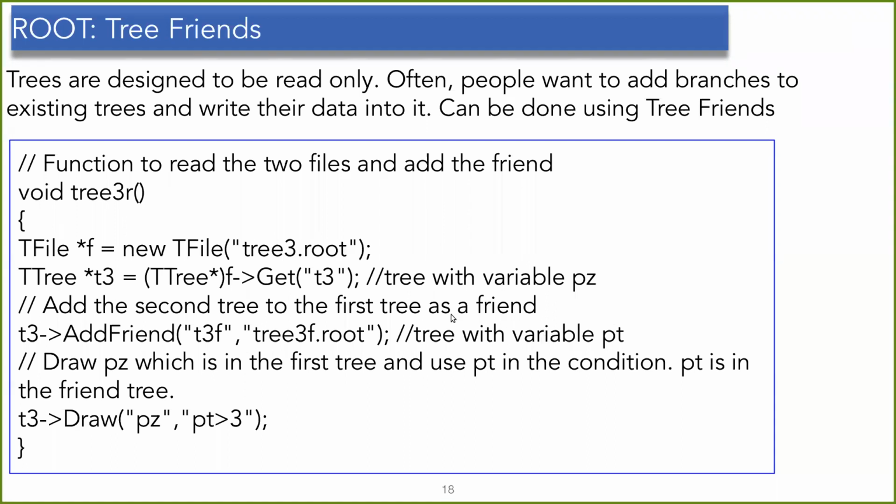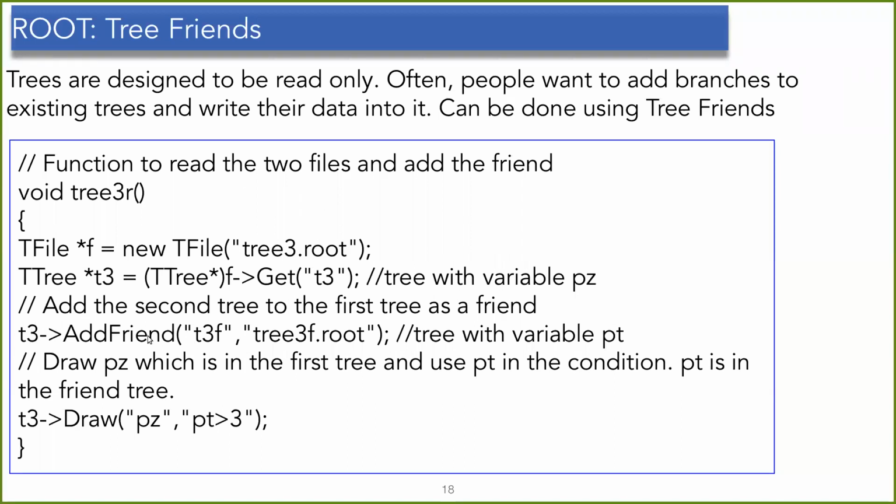Then if we do the AddFriend command on this T3, we can add the branch pt from this T3f into this T3, and then we can directly access it.